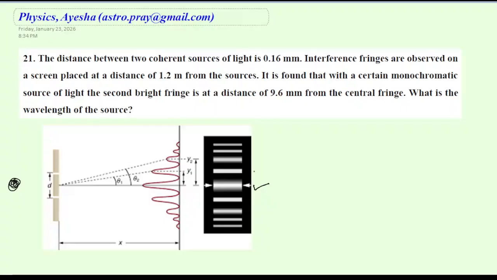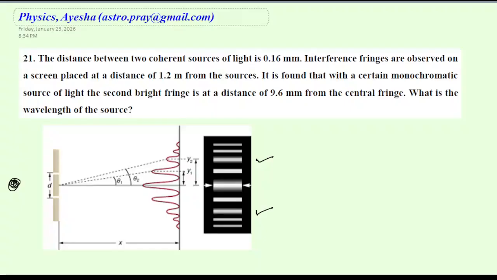When I say first bright fringe, I would mean either this or this. When I say second bright fringe, I mean this and this. So it is like central bright fringe, first order, second order, third order, fourth order, just like that, on either side of the center.